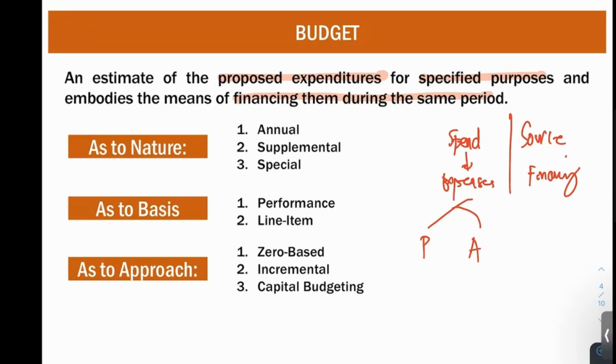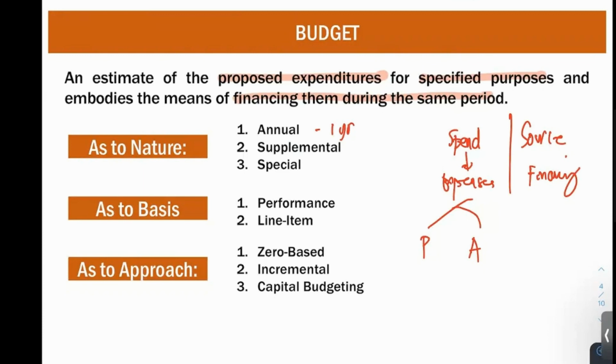So the following are kinds of budget. First, as to nature, we have your annual budget. When we say annual budget, of course, it covers 1 year. Supplemental budget only supplements or adjusts the previous budget. So when do we have a supplemental budget?